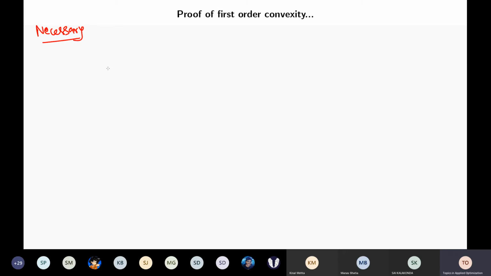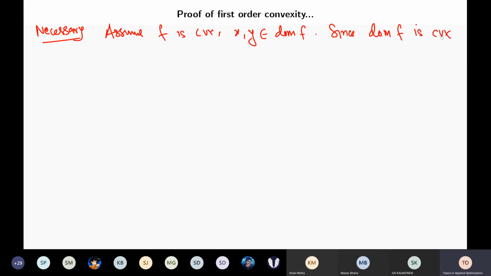So assume that f is convex, and x comma y be in the domain of f. So since domain of f is convex, okay, so remember that domain of f is assumed to be convex.